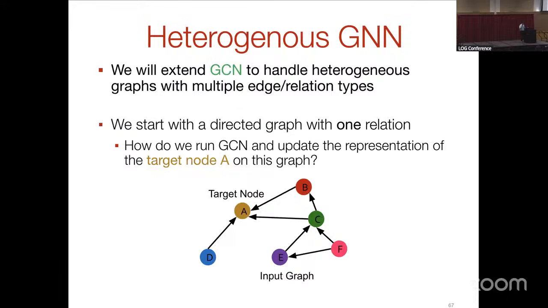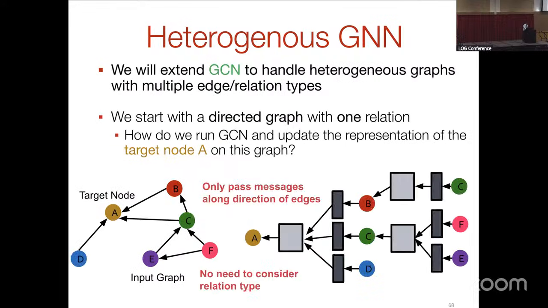So we want to extend a model such as GCN to handle heterogeneous graphs with multiple edge and relation types. So how do we go about this? So we start with a directed graph with a single relation, and then we see from before that a GCN will basically pass messages along the direction and doesn't really care about the type of relation that is, because there's only one type of relation on the graph, right?